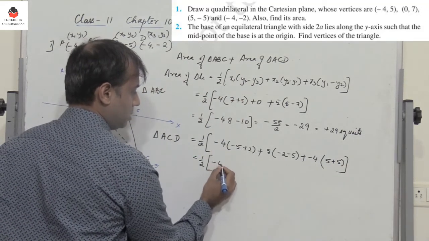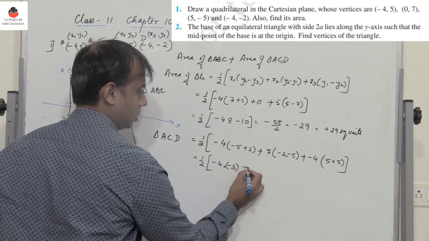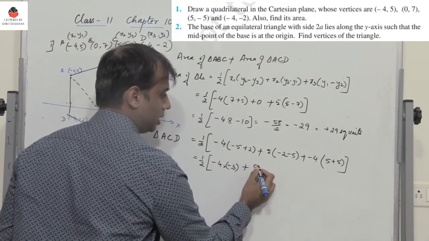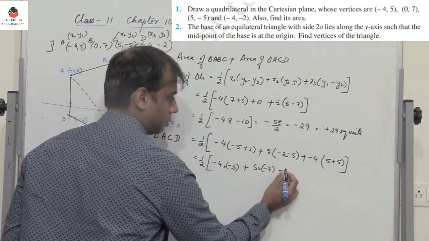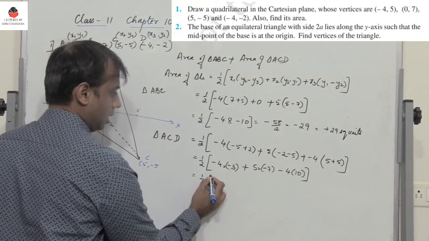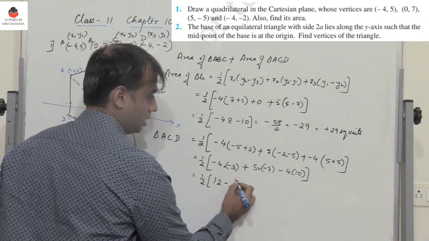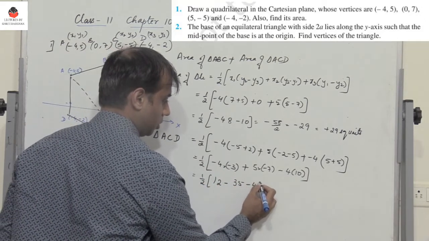So it's going to be half. Remember here, minus 4 into minus 3 plus 5 into minus 7 minus 4 into 10. So you get the value as half into, this is plus 12 minus 35 minus 40.